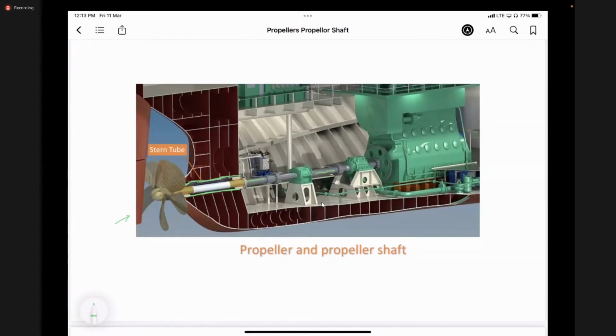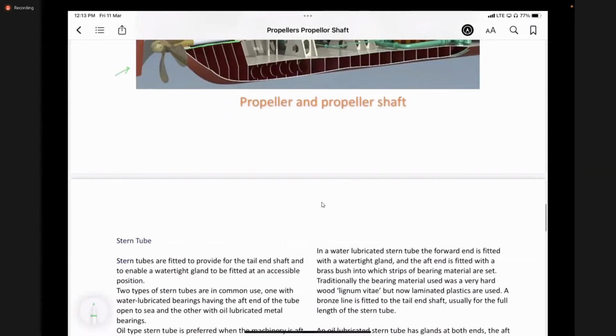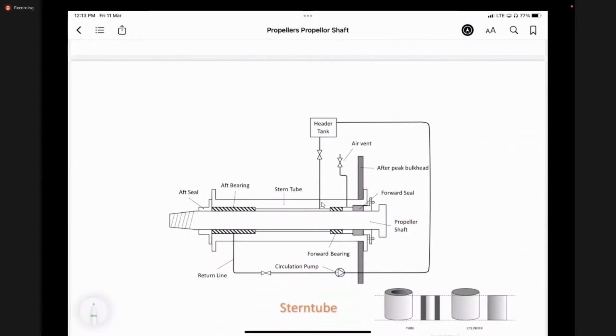There will be this part, this side is like a flange. Okay, this is like a flange. This is the section. This one is the stern tube actually.